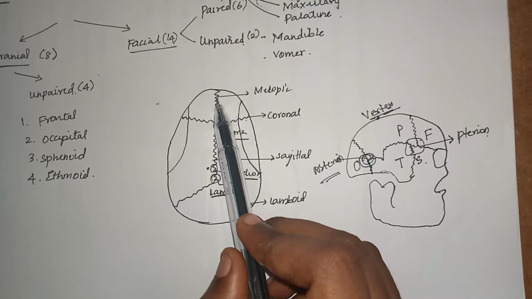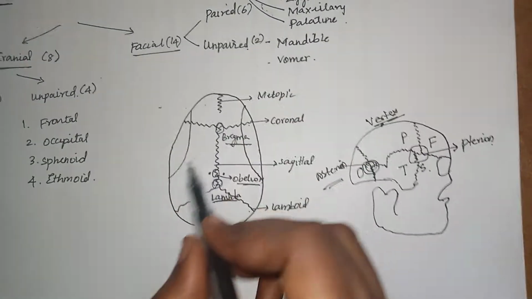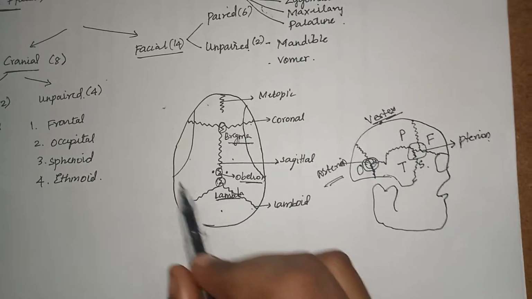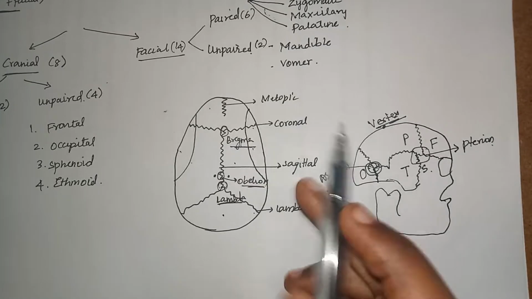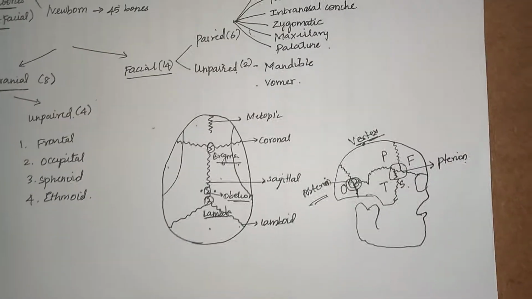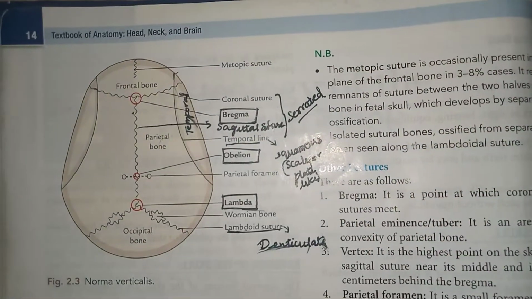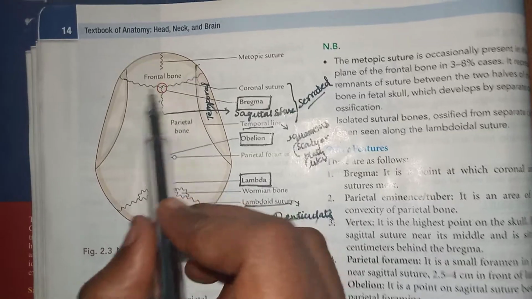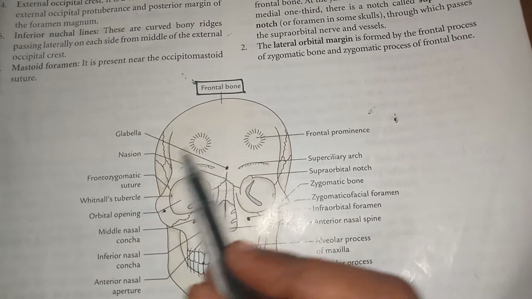This is the frontal bone. These two are parietal bones and this one is the occipital bone. These two are temporal bones. Okay, you will see it in the book. This is the book picture. From the front, this is the frontal bone.